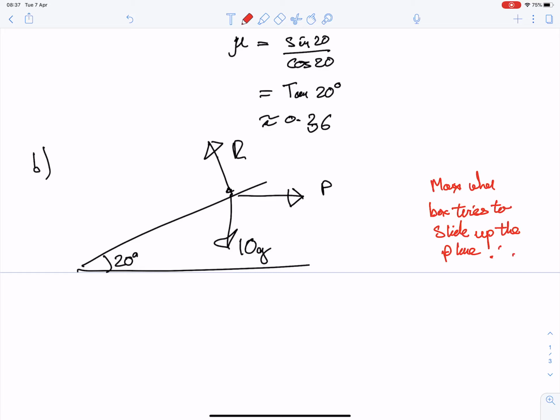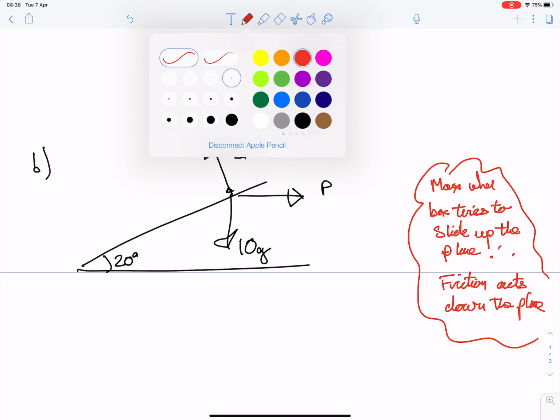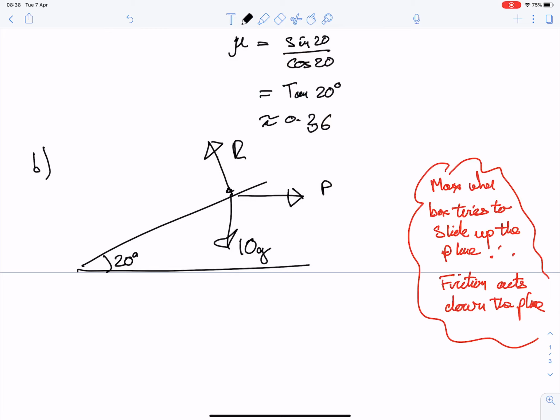Therefore friction acts down the plane. And that's the key thinking at the start of the question. If we don't get that right, everything else isn't going to work. So the friction must be acting down the plane.